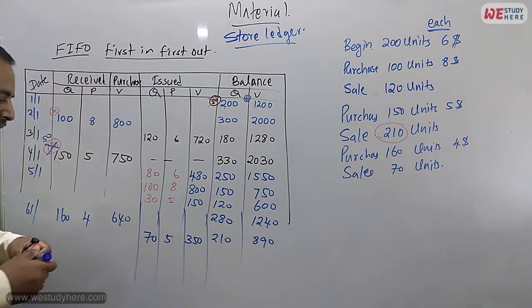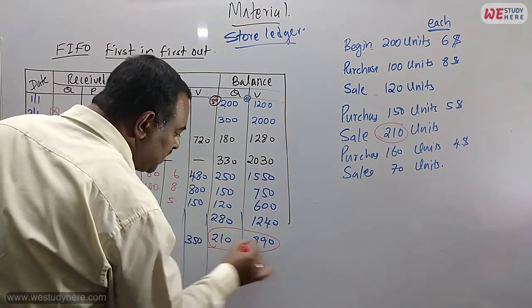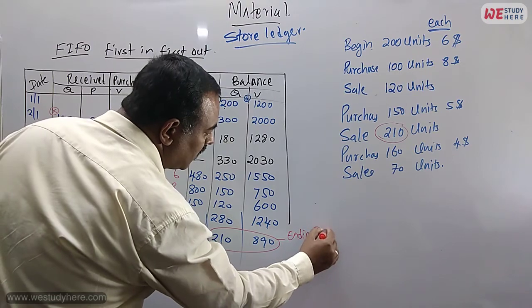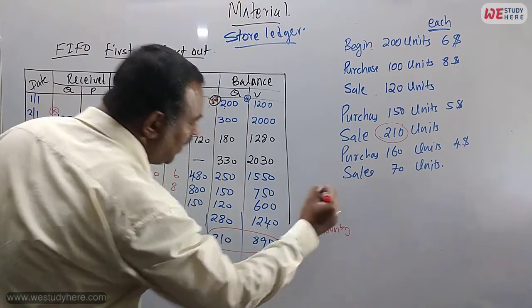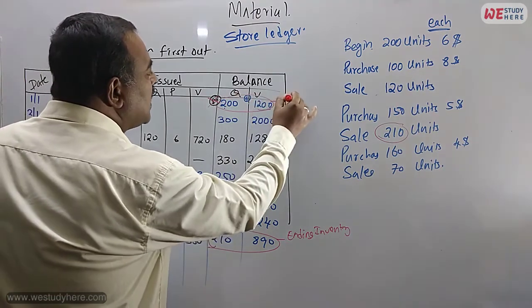Okay. Now finally, what we'll do, this end of the year, this is called ending inventory. This one is called beginning inventory.